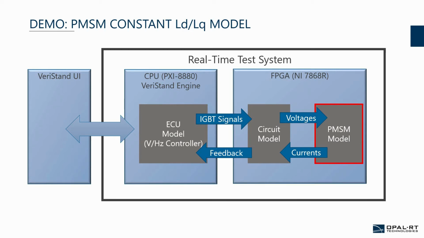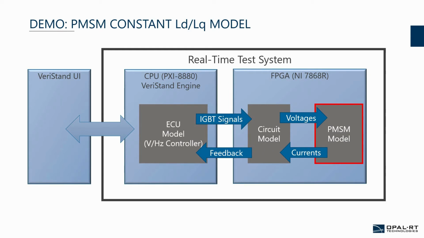The specific machine I will be controlling is a permanent magnet synchronous machine, and I have configured it to have constant LD and LQ values, and we can talk more about what that looks like later on. The volts per hertz controller outputs IGBT signals, which interact with a circuit being modeled on the FPGA, and this specific circuit is simulating the battery and the inverter.